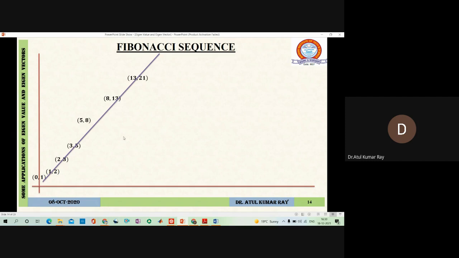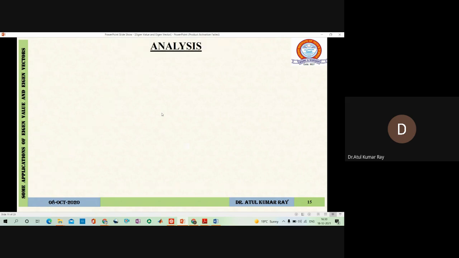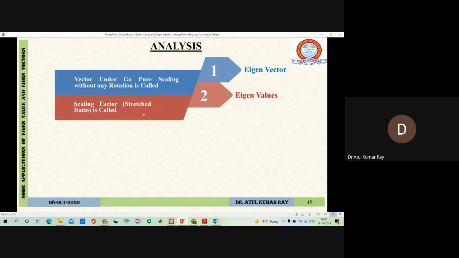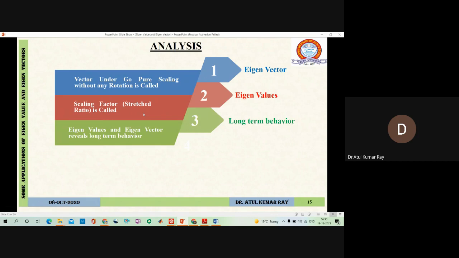You can fit a curve line on these points. So from 2 or 3 points we have seen here, what is the eigenvector? It will go directly to the scaling vector. Scaling factor is nothing but eigenvalues. And one more thing we have seen here is that eigenvalues and eigenvectors reveal the long term performance.